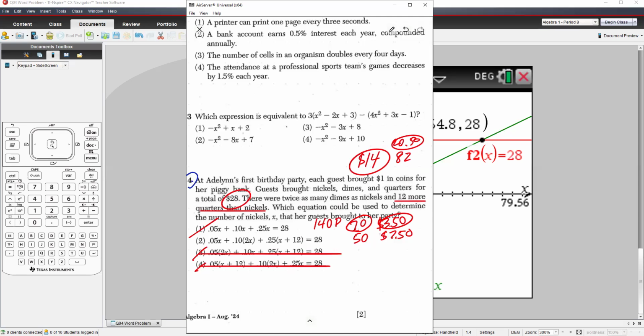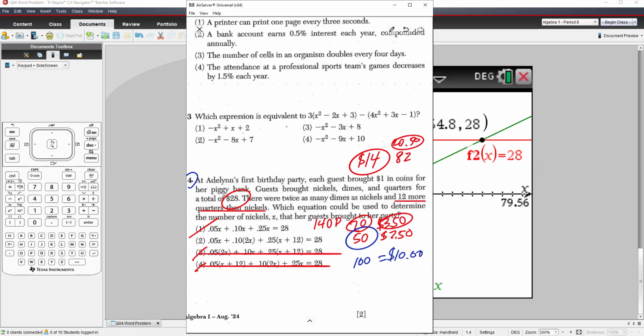But look, I'm going to finish this and make sure you understand. The second one said there were 50 nickels, which is $2.50, but there were twice as many dimes, which means there are 100 dimes. That would be $10.